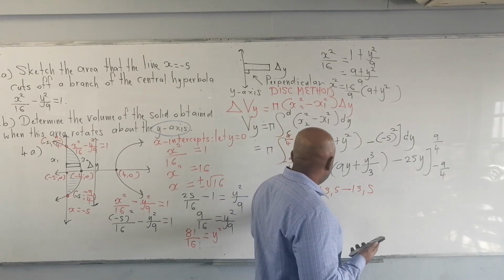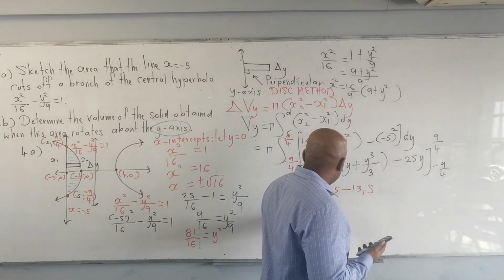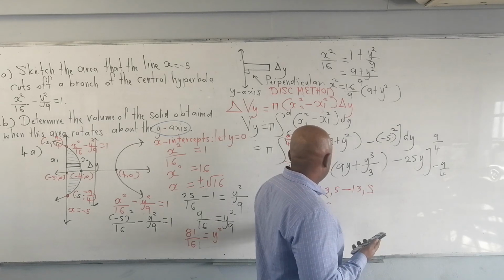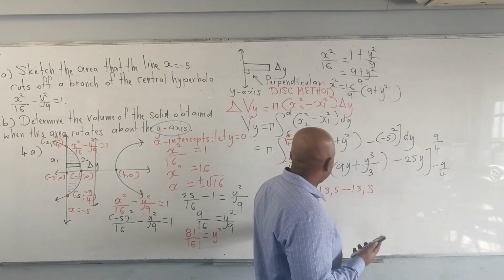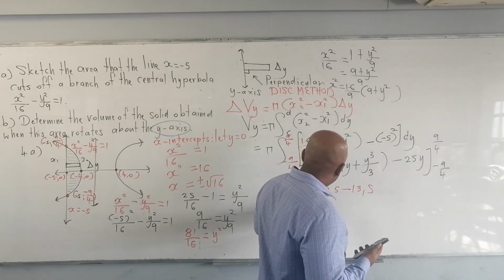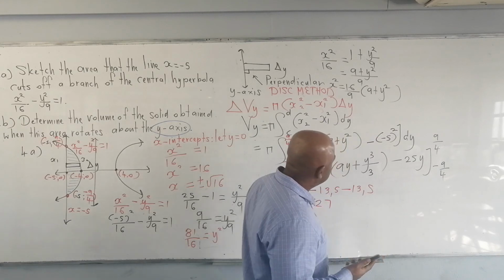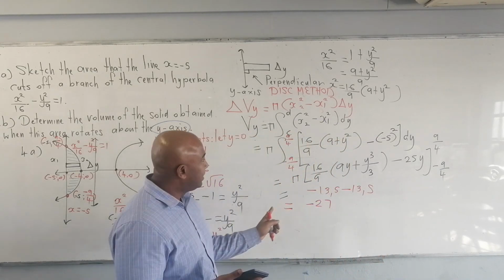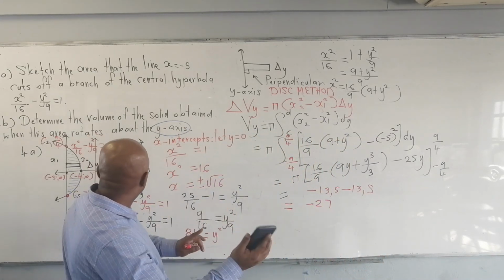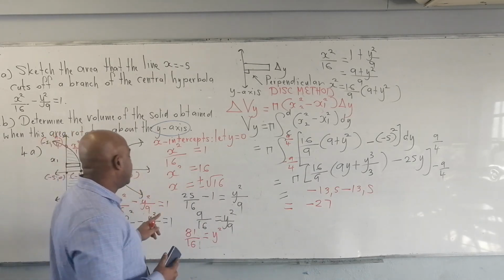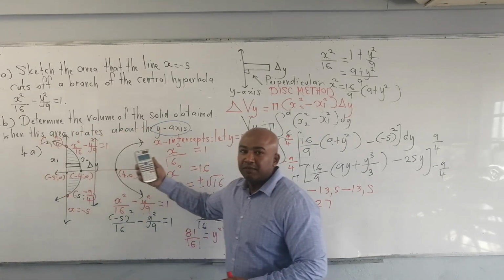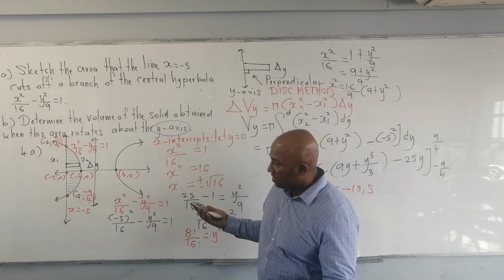So I'm getting minus 26... minus 27. So that's minus 27. That's because I'm getting the negative because I took the right minus left. If I had taken left minus right, then I will get the positive.